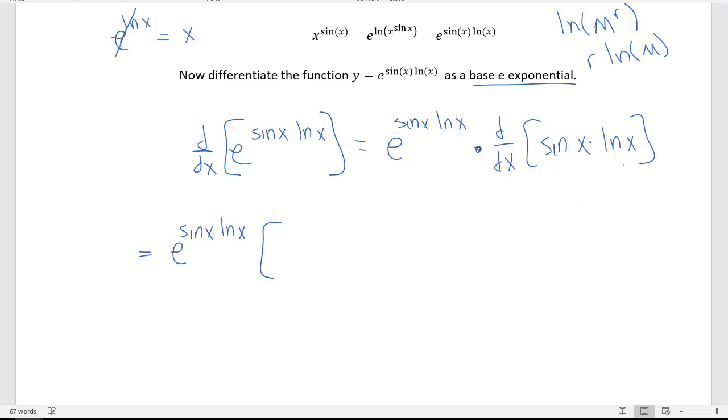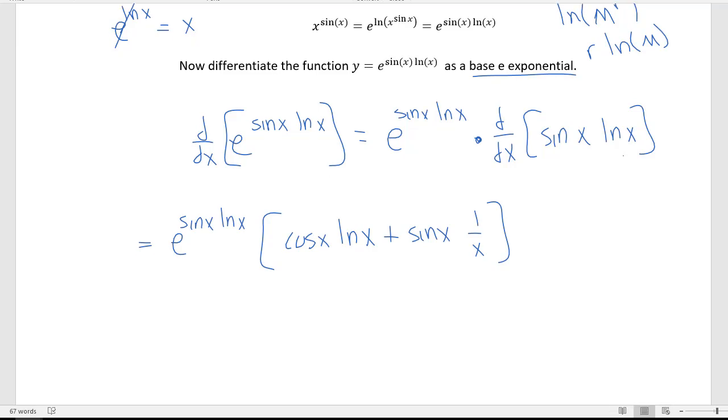So let's say derivative of the first, derivative of sine is cosine, times the second, which is ln of x, and then plus the first times the derivative of the second, which is 1 over x. So there's the derivative of my exponent, for my base e exponential. And technically, we are done with the derivative at this point.